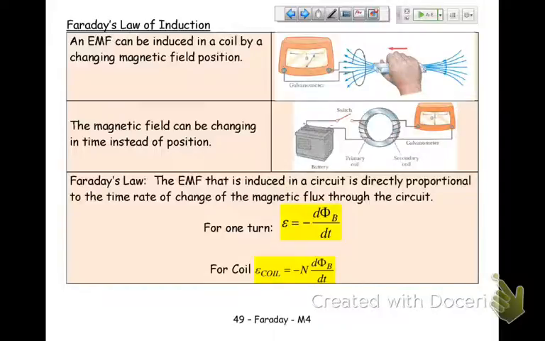Spinning the coil gives a constantly changing magnetic flux through my coil, and that means I continuously create current. The magnitude of the current will vary depending upon my geometry, so as time passes, I'll get positive and negative current flow. That's AC, and it comes directly out of this. So this is the beginnings of electricity generation.